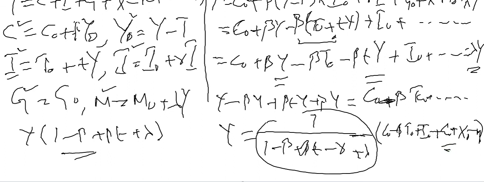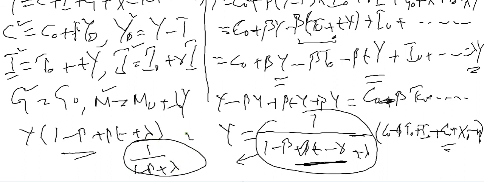If we take taxes as fixed and investment as fixed, then the terms beta t and minus gamma will drop out, and we will get the remaining terms 1 over 1 minus beta plus lambda, and that is equal to the foreign trade multiplier.